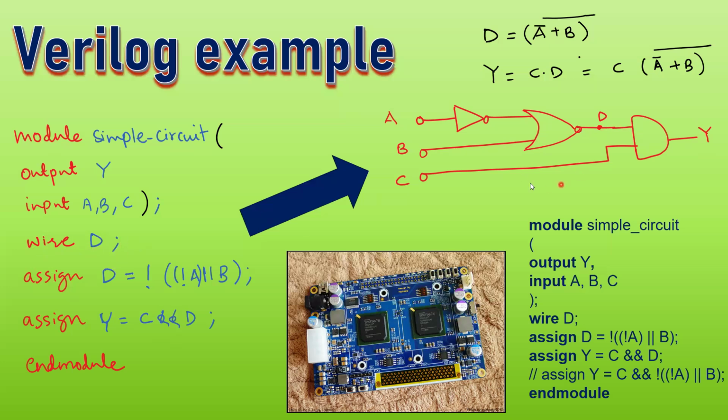Now I want to express this Boolean expression D and Y in the Verilog coding. I'm not writing the Boolean equations as they are. However, through the Verilog coding, I will tell the synthesis tool.